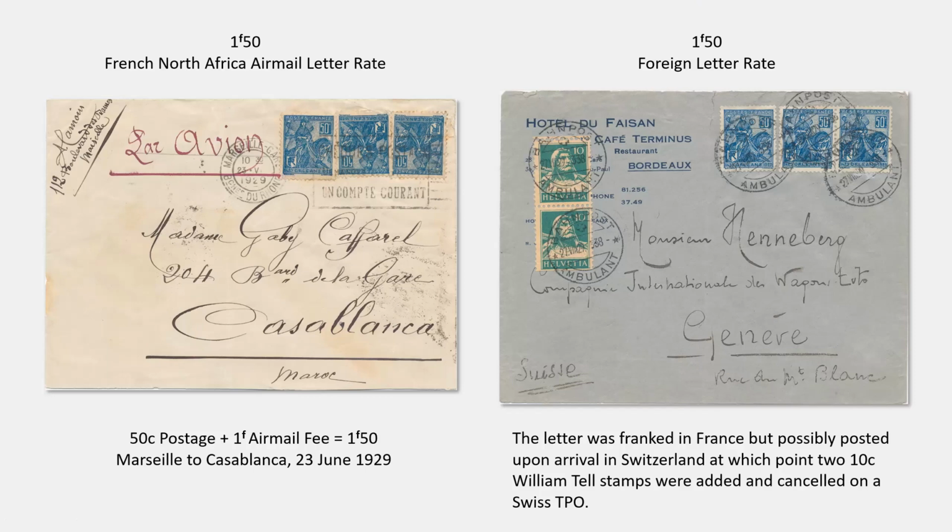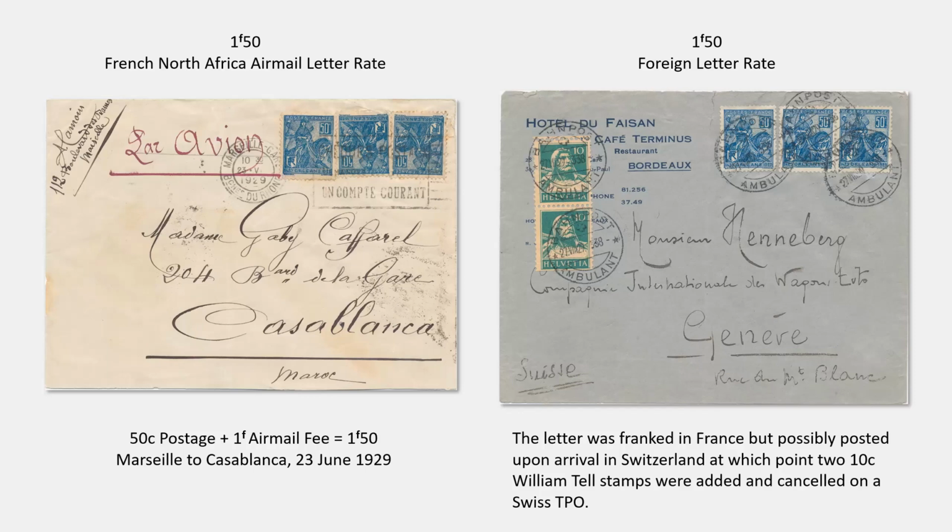On the right-hand side, the three stamps are paying the foreign letter rate, letter written in Bordeaux, and posted to Geneva. But it's rather a story which I can't really sort out. I can only assume that the letter was written in Bordeaux, it was stamped in Bordeaux, it was carried by someone who didn't post it until somewhere perhaps on the French-Swiss border, because those are not tax stamps on it per se.